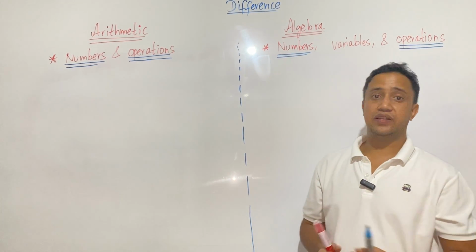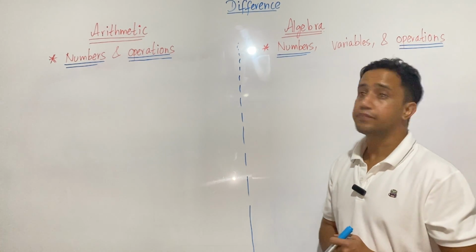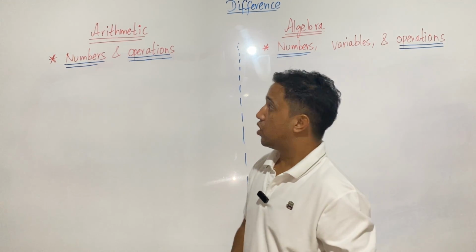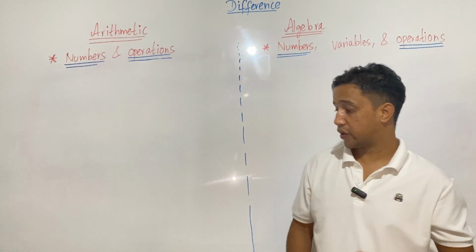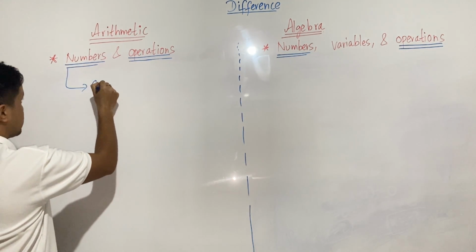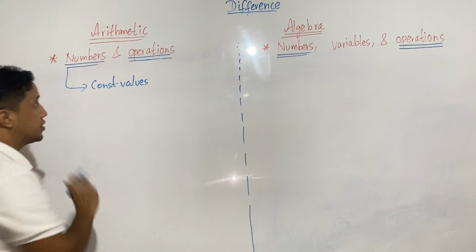Arithmetic is a branch of mathematics that deals with numbers and arithmetic operations. So what are numbers? Numbers are the terms that have constant values. So can I say numbers represent constant values, right?